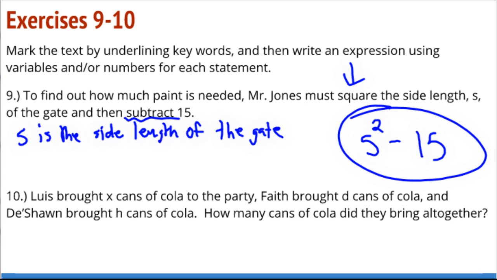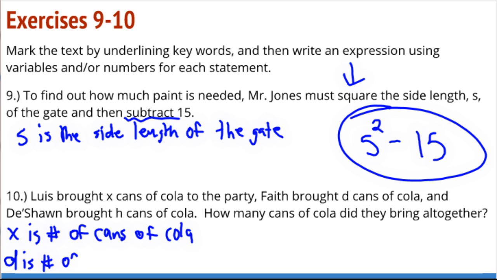Luis brought X cans of cola to the party, so X is the number of cans of cola. And Faith brought D. And I guess I probably need to indicate here this is Luis and this is Faith.